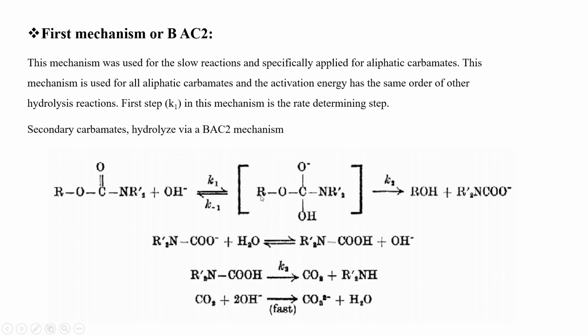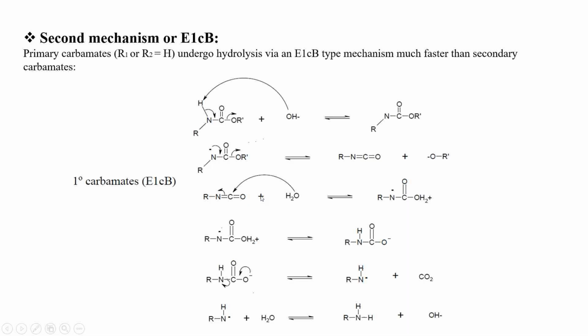The other mechanism for this kind of reaction is E1cB. This kind of mechanism is proposed for primary carbamates or aromatic carbamates.